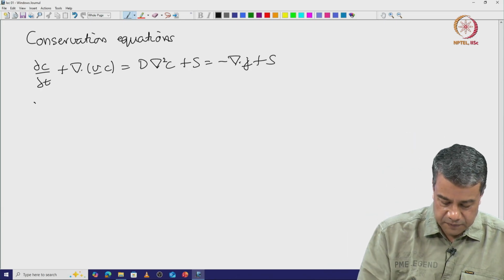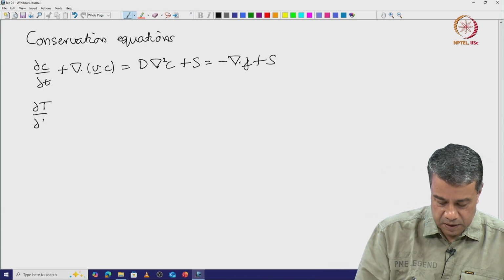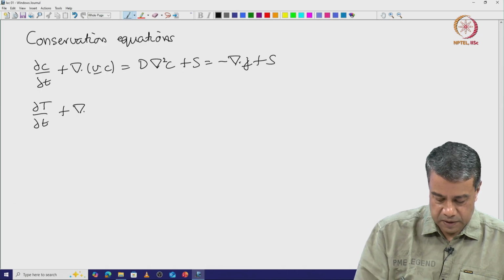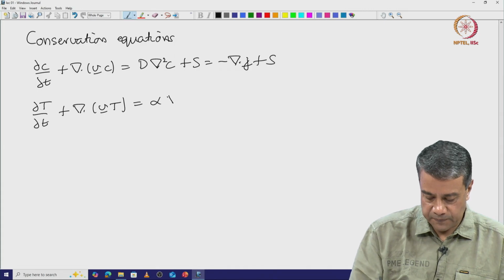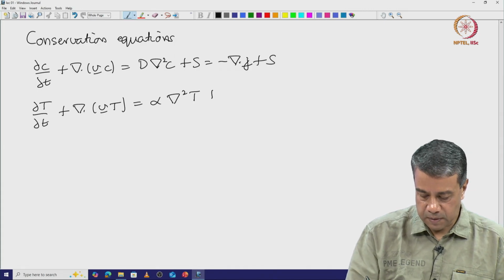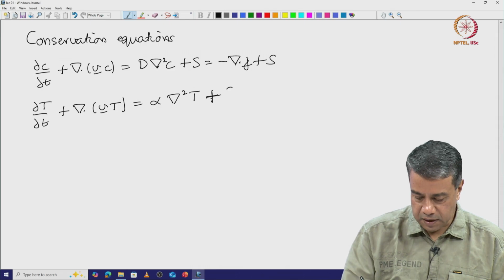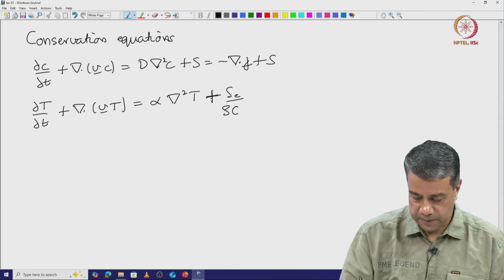Similarly, for the temperature field, partial T by partial t plus divergence of V times the temperature is equal to alpha del square T plus any energy source by rho Cp.